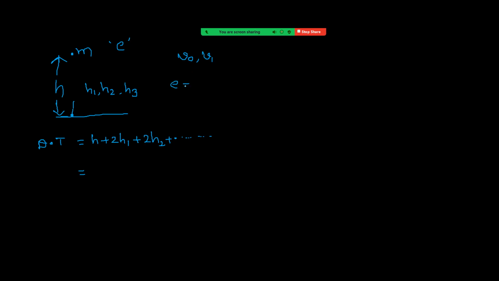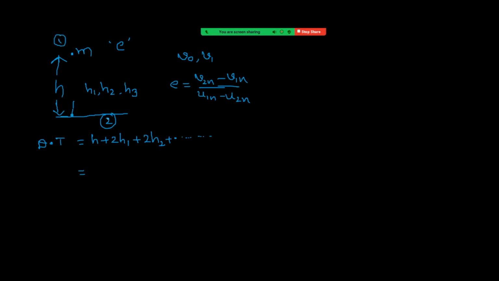Coefficient of restitution equals v2n minus v1n upon u1n minus u2n. Let us take Earth as the second body, and this is now the first body.